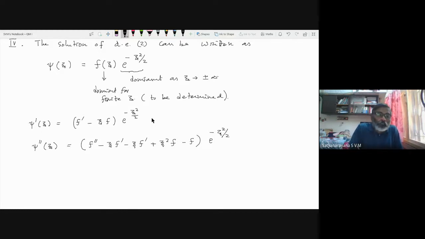So if I differentiate this one, I will get this term and this term. Now if I keep this and differentiate this, I get minus xi into this, so I will get this term, and then xi square into f, that is this term. So these two terms are same, so I would have written it as minus 2 xi into f prime and so on.